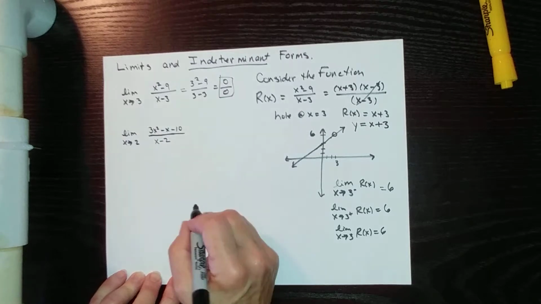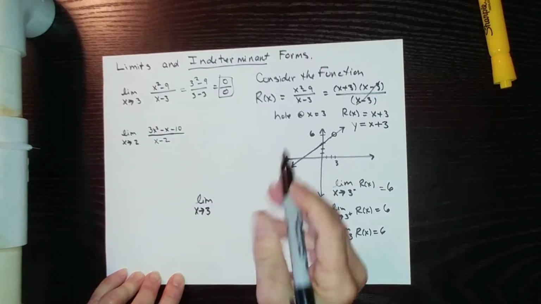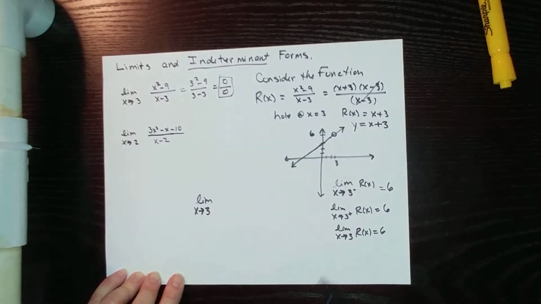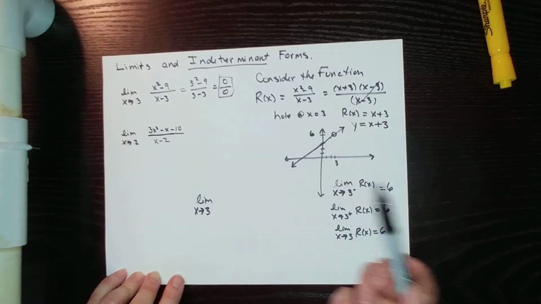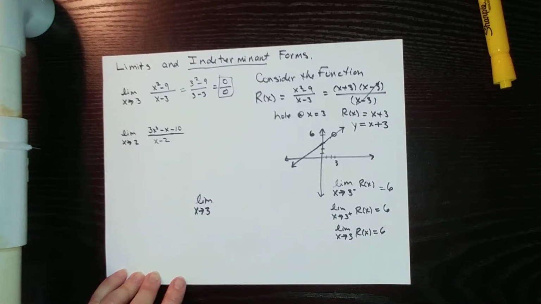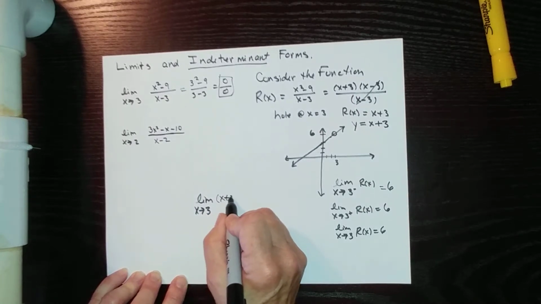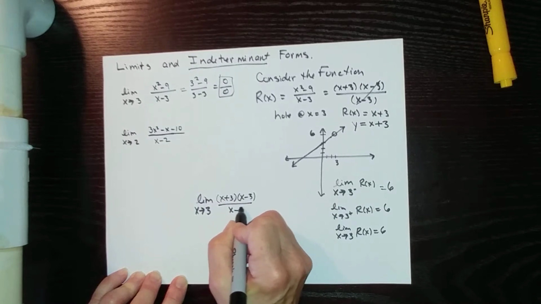So I've run out of room, so I'm going to write this down again. The limit as x goes to 3. Once you say, oh, I got an indeterminate form, I cannot determine the limit yet, is kind of what that means. Sometimes you can get away with factoring, and you will learn other methods in calculus, but we're going to try to factor. This is a difference of squares, so let's factor this: x plus 3 times x minus 3 over x minus 3.